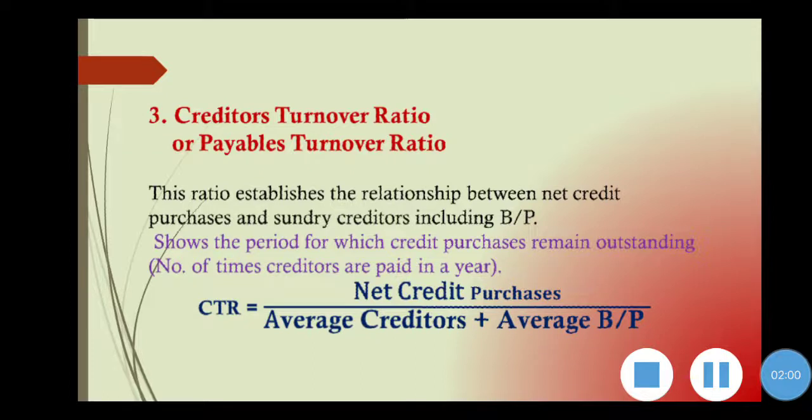When the company is making a payment to the creditor, that is shown by creditors turnover ratio or payables turnover ratio. The number of times the accounts payables are covered in a year, the number of times the company is making a payment to the supplier, the number of times the company is paying XYZ, or the credit period enjoyed by the company.